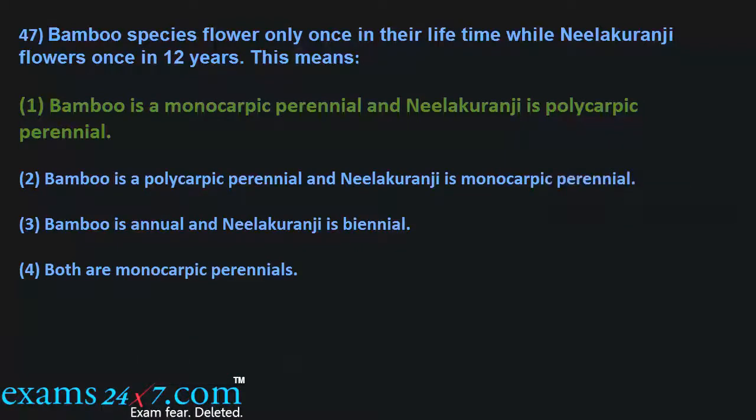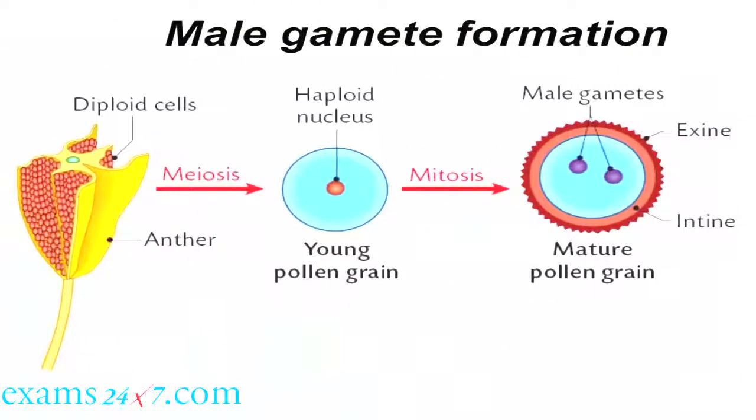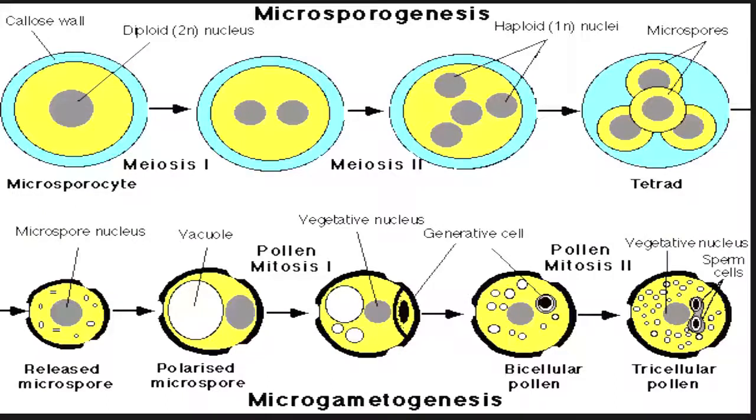Now we move on to question number 48. In angiosperms, the number of male gametes produced in a pollen grain and the type of cell division is. I hope all of you know, pollen grain is developed from each cell of microspore tetrad.